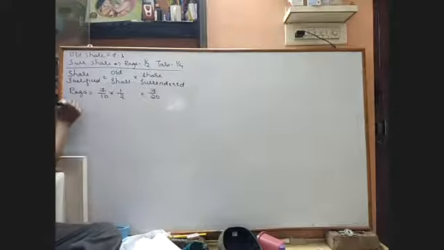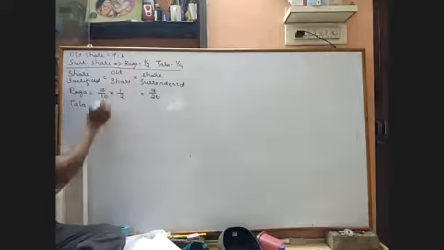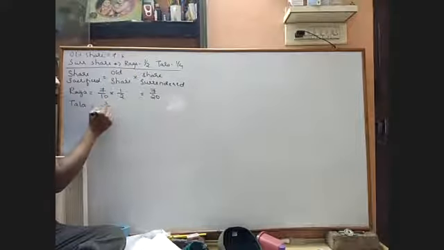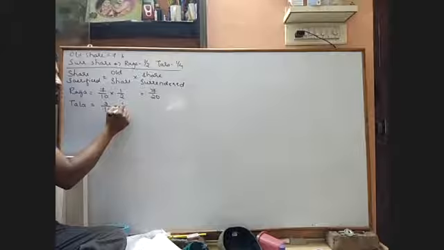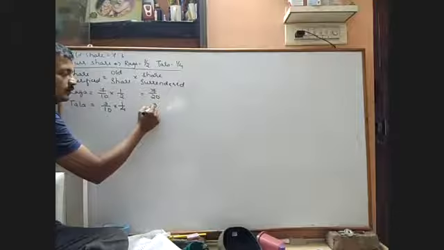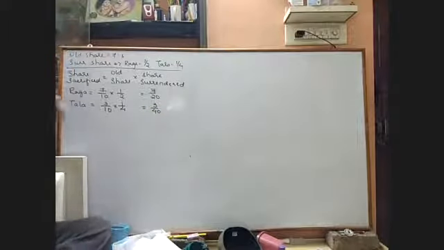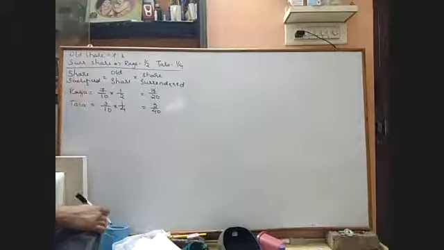Next, Tala is equal to 3/10 into 1/4, which is equal to 3/40. So this has been surrendered. Okay, so this is even share sacrificed.